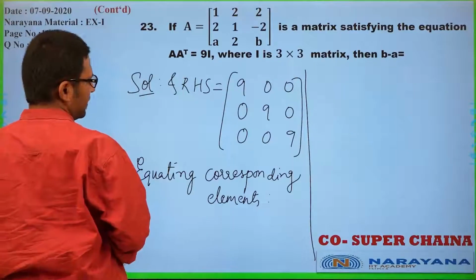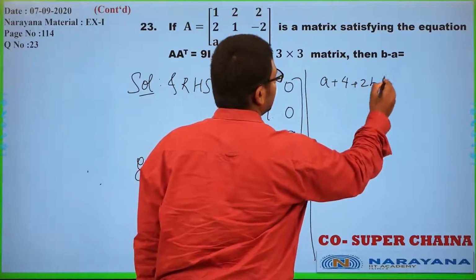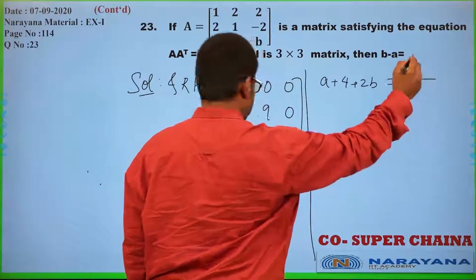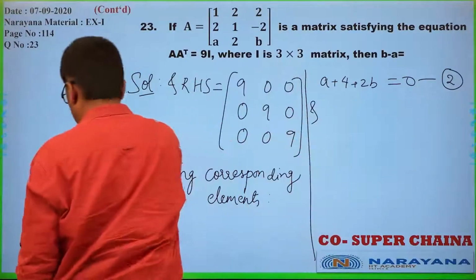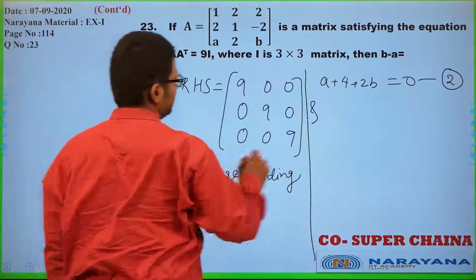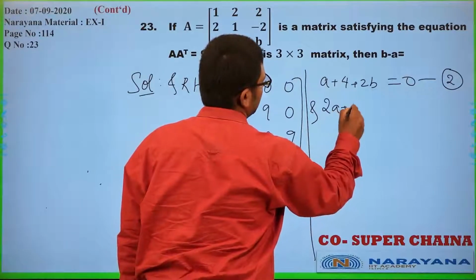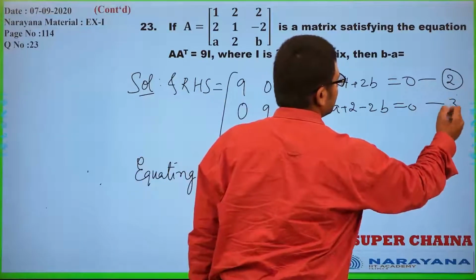So a plus 4 plus 2b is 0, mark it as equation 2, and 2a plus 2 minus 2b is 0, which is equation 3, right?